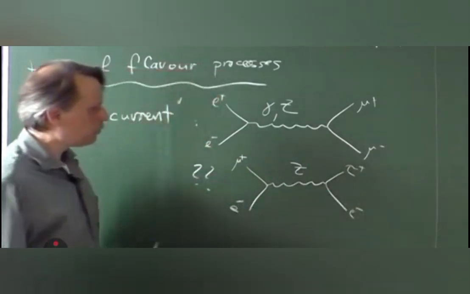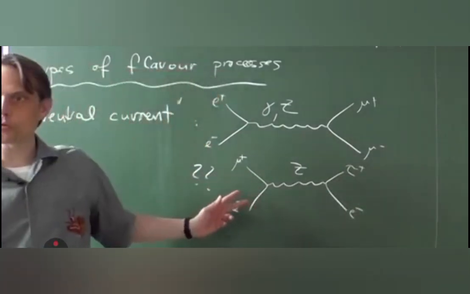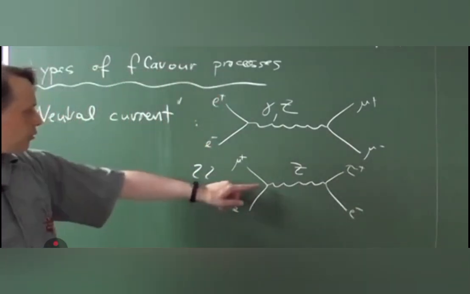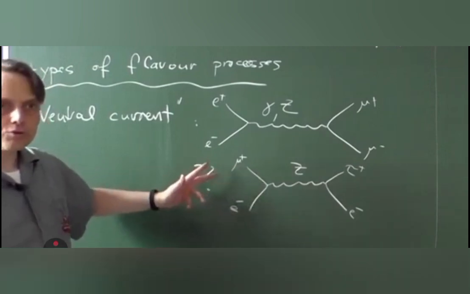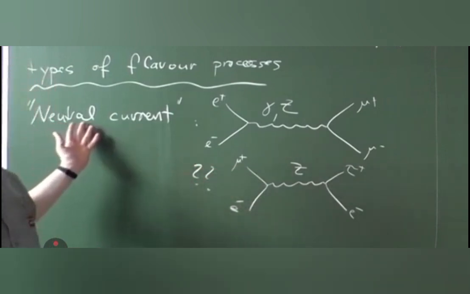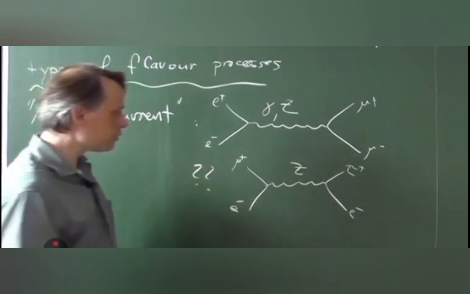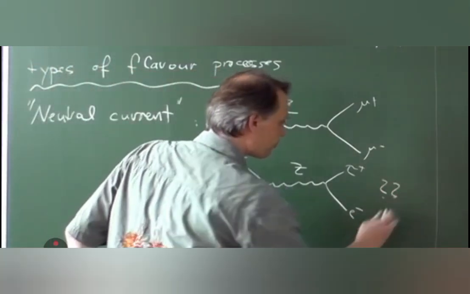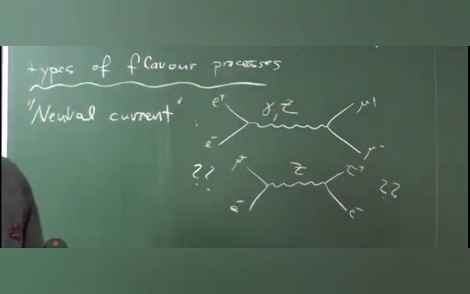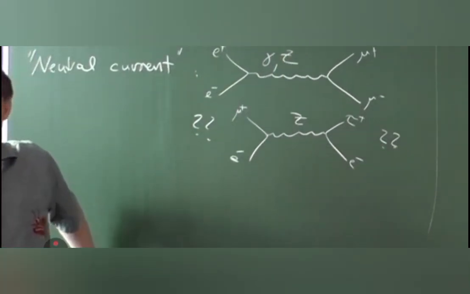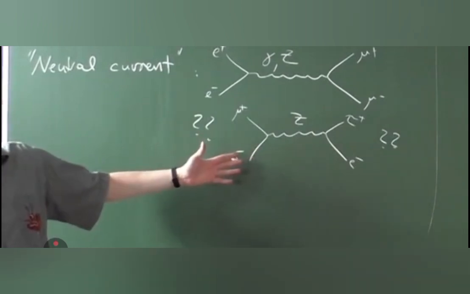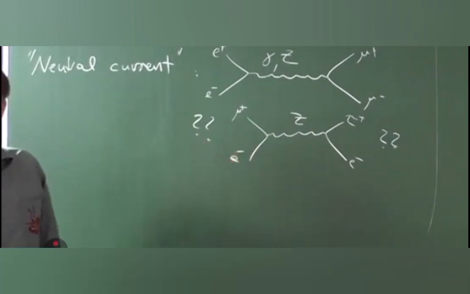That would also be called neutral current, but here at the vertex the flavor is changed, while the charge is conserved, so it would classify as neutral current. And the question is whether such a process actually exists, whether there is a non-zero prediction for such a process in the standard model. Do you know the answer? Does this Feynman diagram exist?